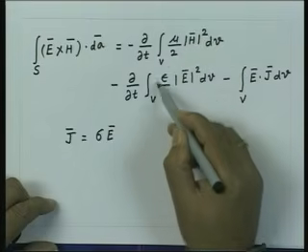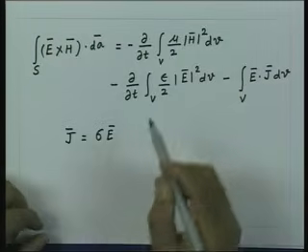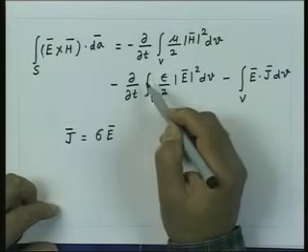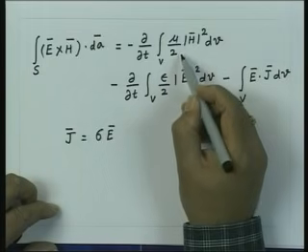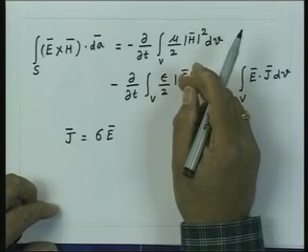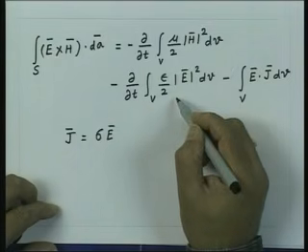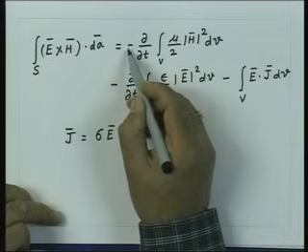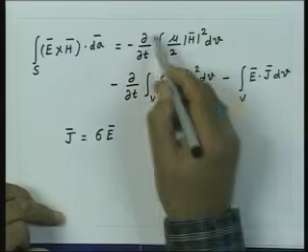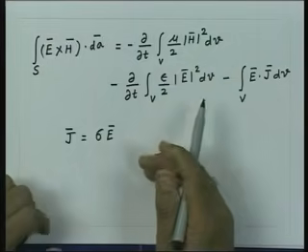This is the total energy stored in this volume due to the electric fields. So, d by dt of this quantity essentially gives me the rate of change of the magnetic energy stored in that volume. Similarly, this term gives me the rate of change of the electric energy stored in that volume. Also, the negative sign shows that now this rate of change is negative, that means there is a decrease in the energy as a function of time.